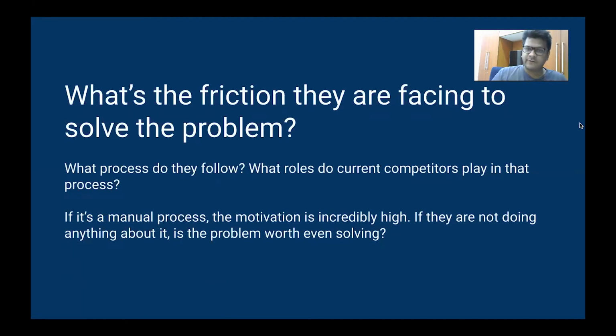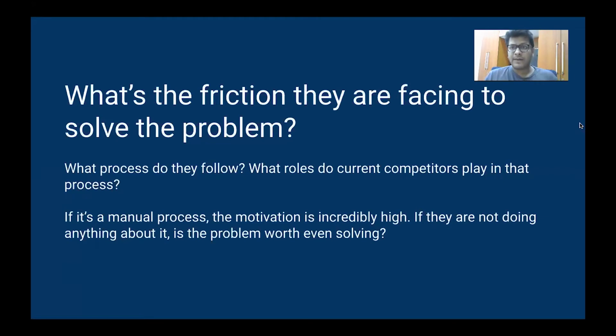What is their workflow? And what roles do current competitors play in that process? So you should not just look at the features that your competitors are creating, but really try to understand how your customers are doing things right now. And what are the gaps in that process, and what gaps are being filled by tools right now.